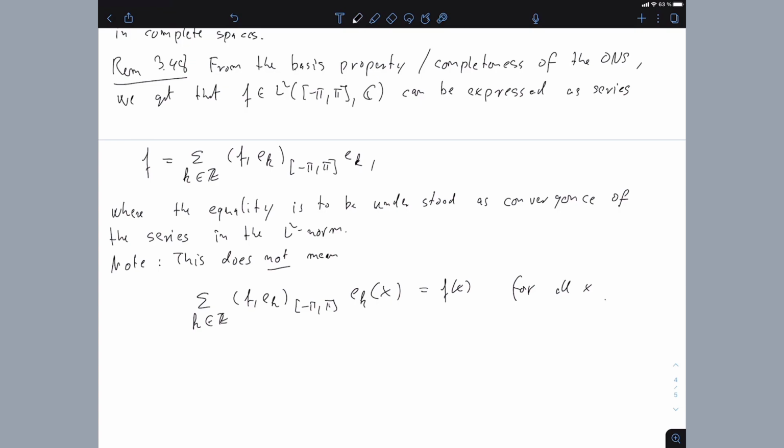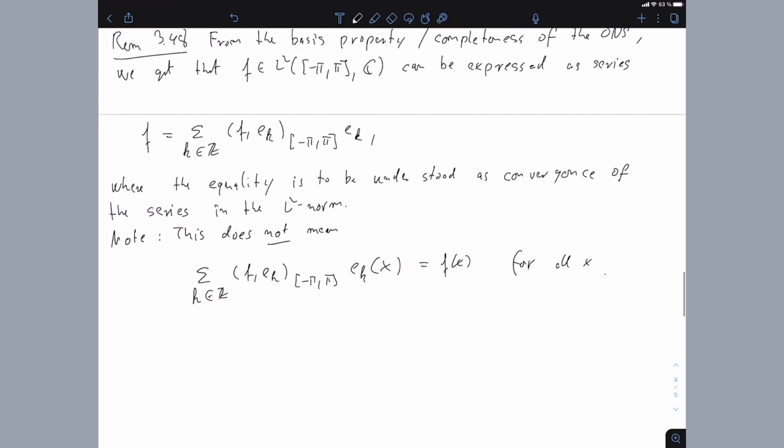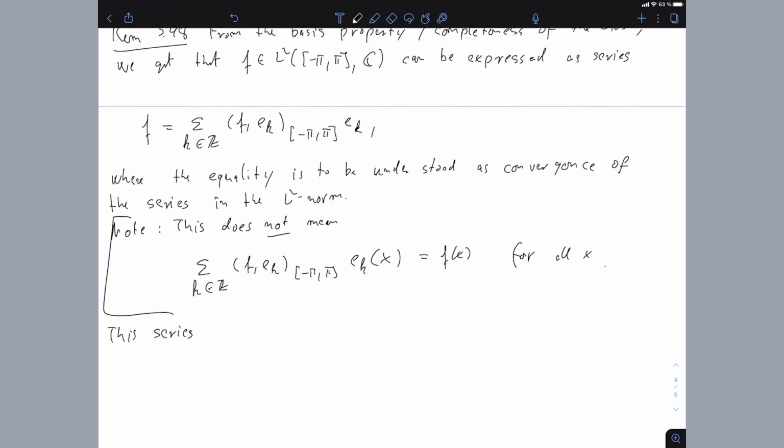So you need to be careful not to look at this object, really at the evaluation, and there the series. Okay, and this was just a side note. So the series here that we have is now called Fourier series.